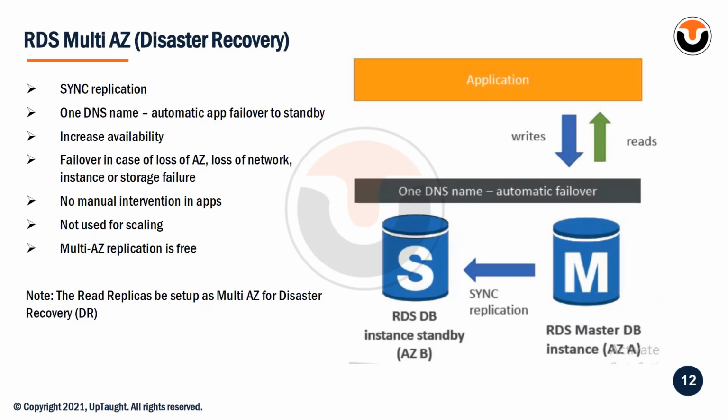So how do I use it for disaster recovery? What is disaster recovery? Something goes wrong, then how do you recover? How do I get your standby instance up and running, right? So here we use something called a standby instance. And here it's not asynchronous. Asynchronous is what we have seen in the read replicas, right?